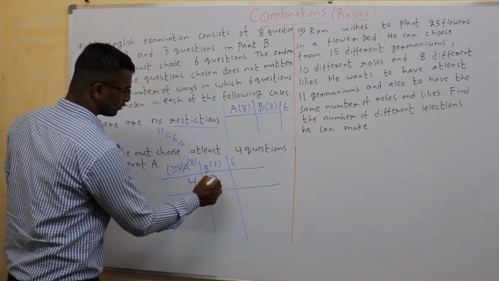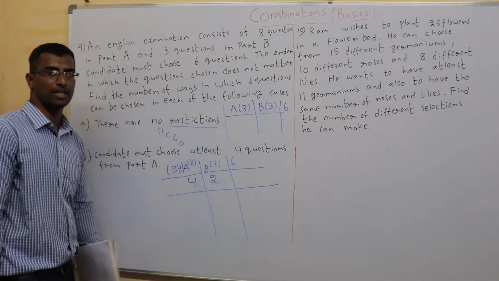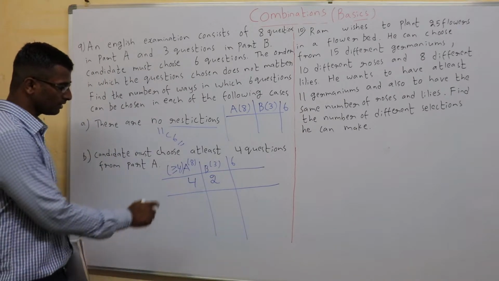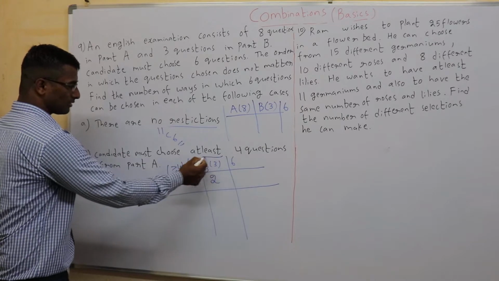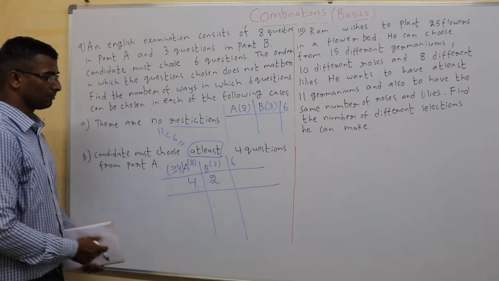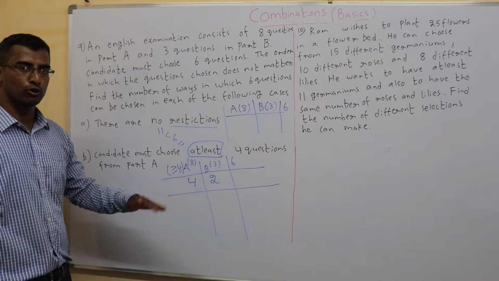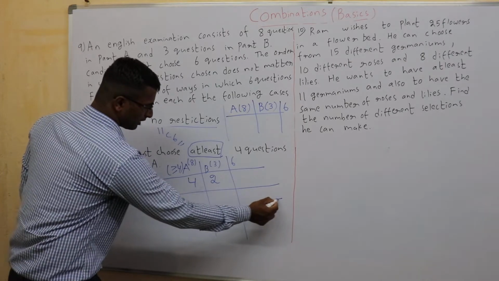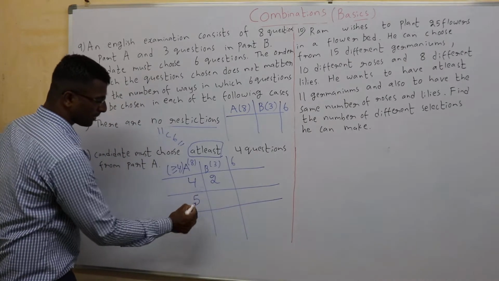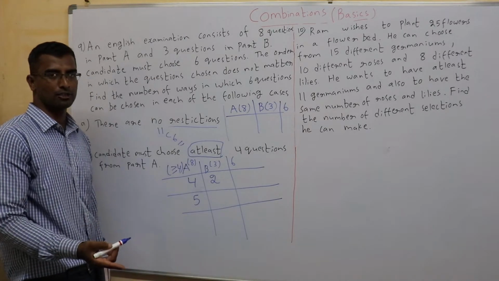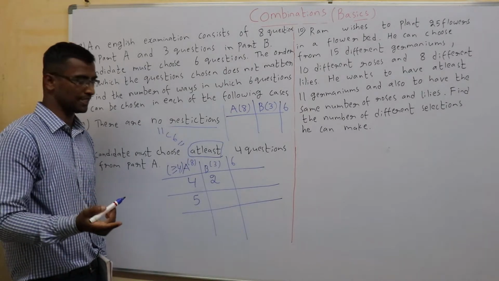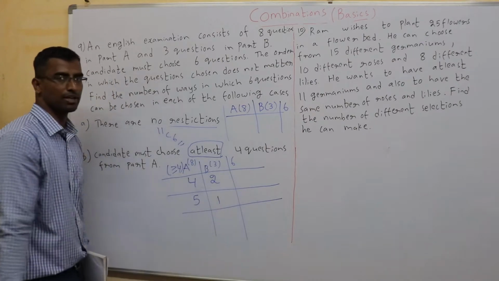I should select 2 questions from part B. The stress here is on the words at least, which means it could be 4 or more than 4. If I select 5 questions from part A, in B I should select only 1 question.